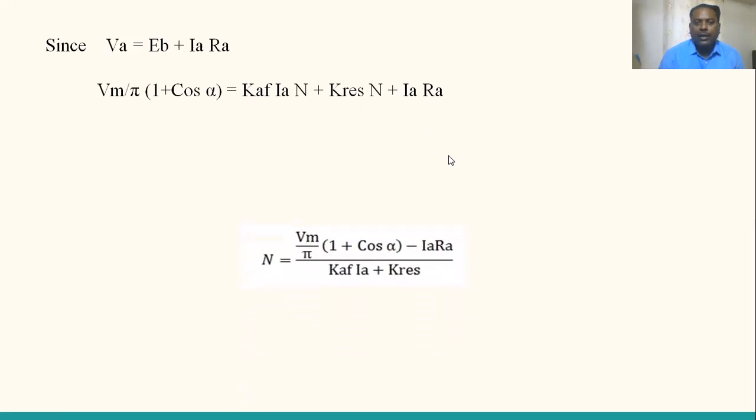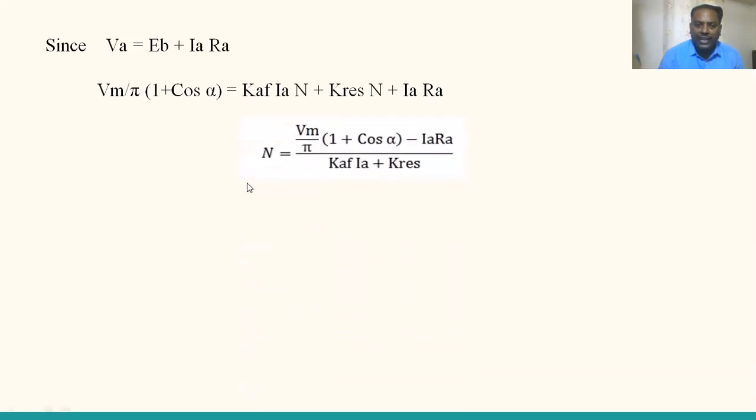So from this, in the speed equation, you can separate N. N is common in both the terms, so you take it common: it is Ka f Ia plus Kres. You bring Ia Ra to this side: Vm by pi into 1 plus cos alpha minus Ia Ra, divided by Ka f Ia plus Kres.